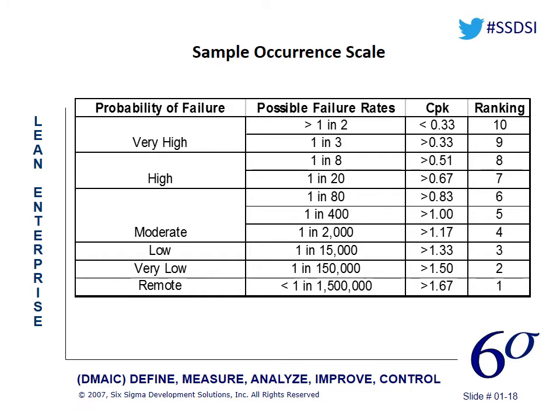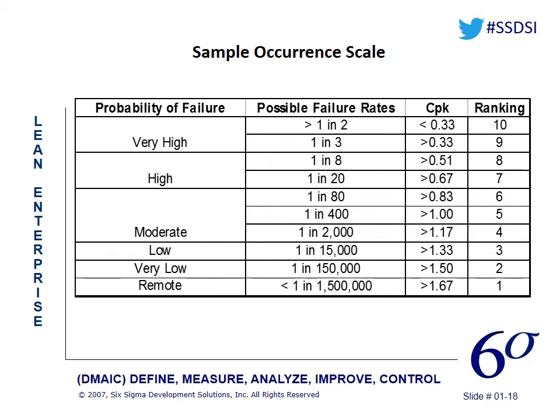We might actually have failure rates. We might have actual data in some system that gives us a rate of failure of that process input. And then in another column we have what's called CPK.